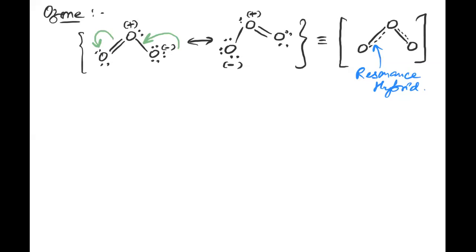If you see similar compounds, one compound is O double bond O, which is O2. Another compound may be HO-OH, and another is the ozone hybrid structure.